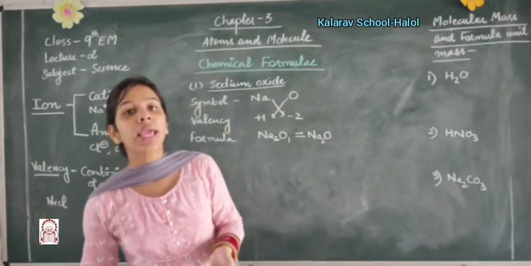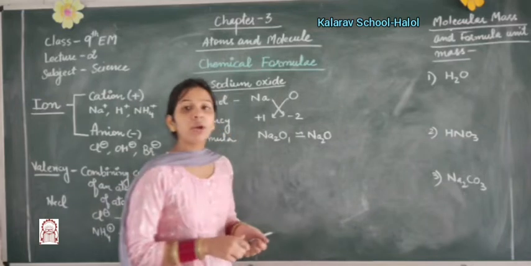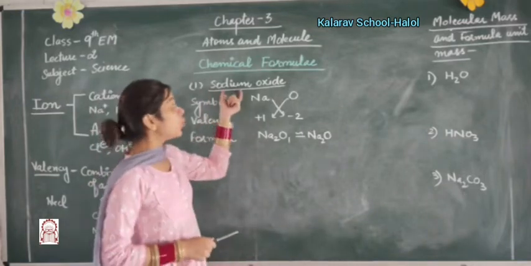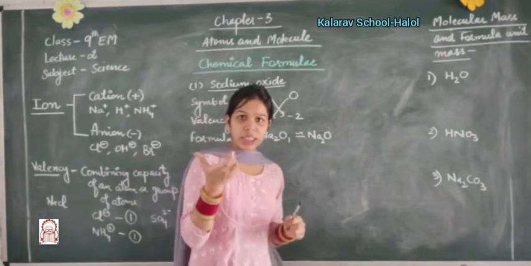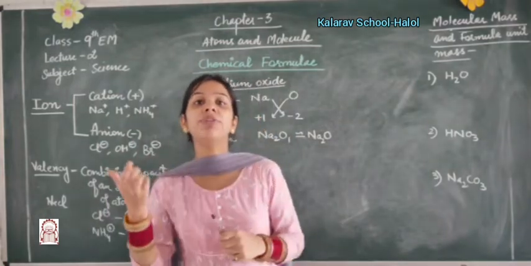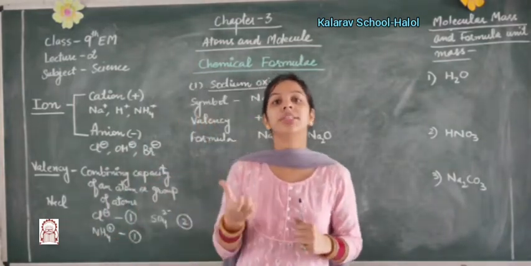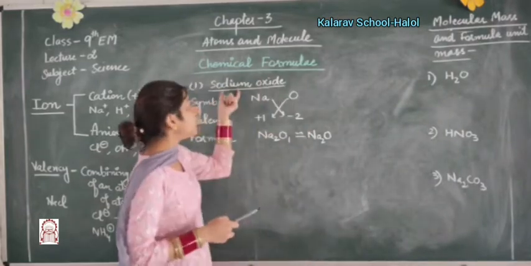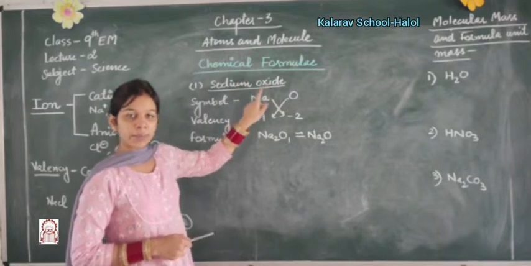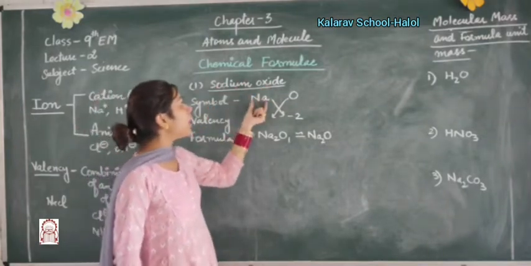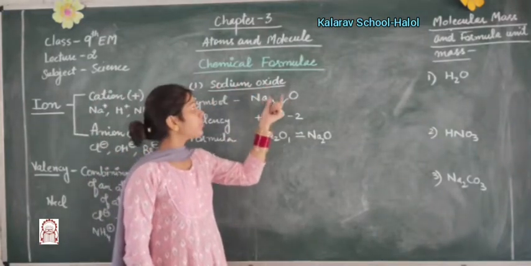To start with chemical formulae, firstly I wrote the example of sodium oxide. The question is, write the chemical formula of sodium oxide. To know the formula, firstly we need the symbols of these two words. Here for sodium I wrote the symbol Na.